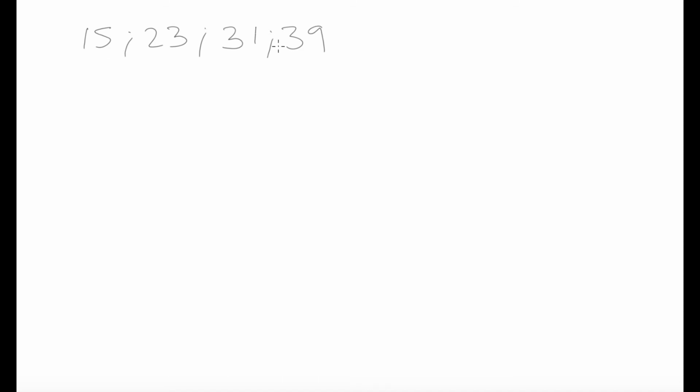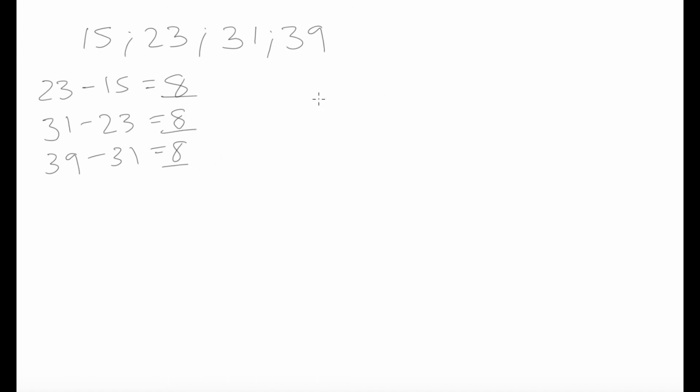Well, the first thing we can try to do is see if we can find a common difference. 23 minus 15 is going to be equal to 8. 31 minus 23 is also going to be equal to 8. 39 minus 31 is also going to be equal to 8. So we do have a common difference here.